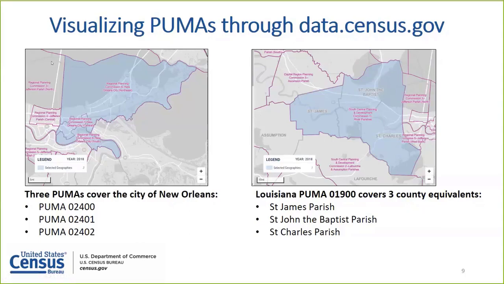So this is an example where census tracts are used as the building block, and we have 3 PUMAs that cover an entire city and county equivalent. On the right-hand side, we have an example of a single PUMA that spans and covers completely 3 counties: St. James, St. John the Baptist, and St. Charles Parish in Louisiana.